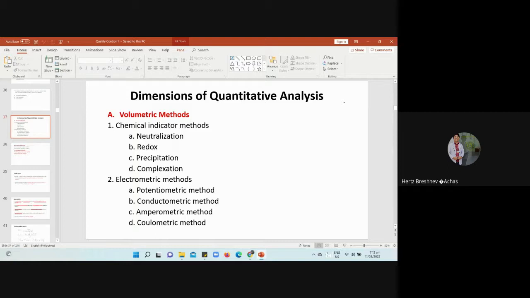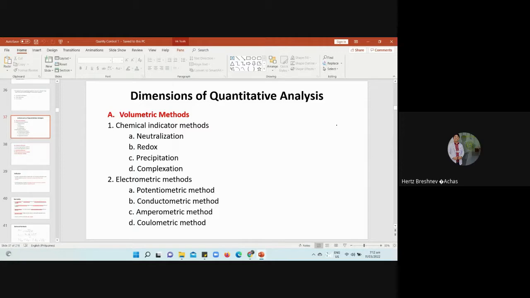But before we are able to assess those four, we need to first learn the principles of pharmaceutical analysis. And that is somehow the biggest challenge.